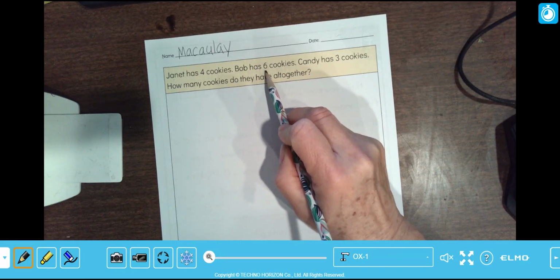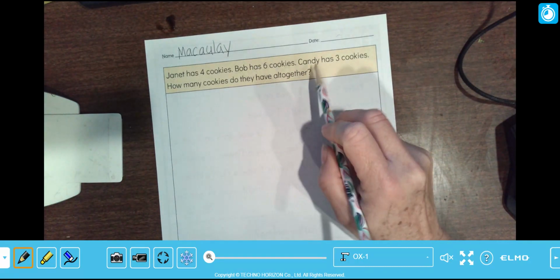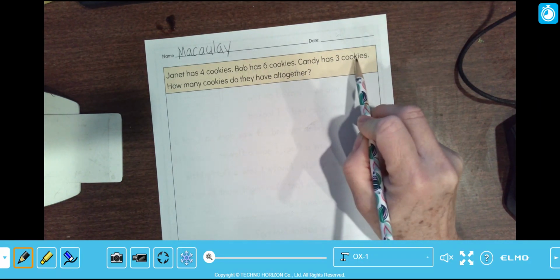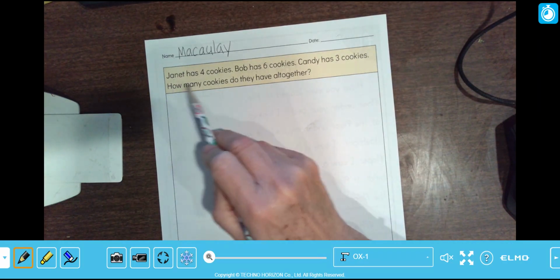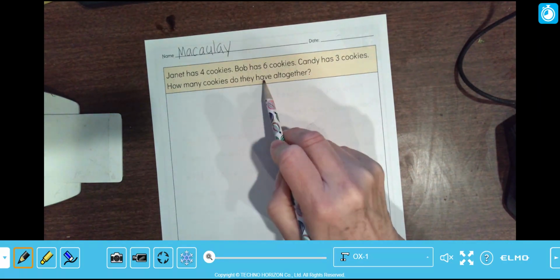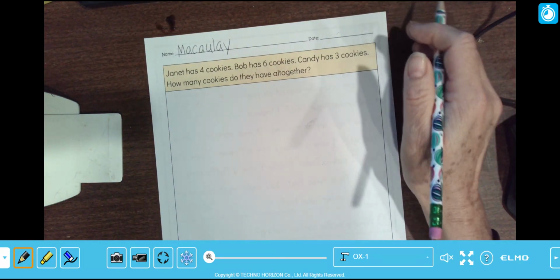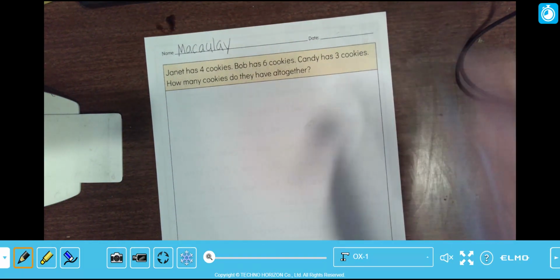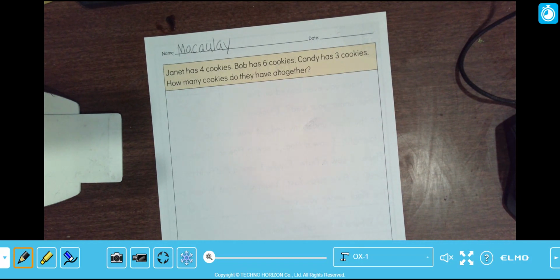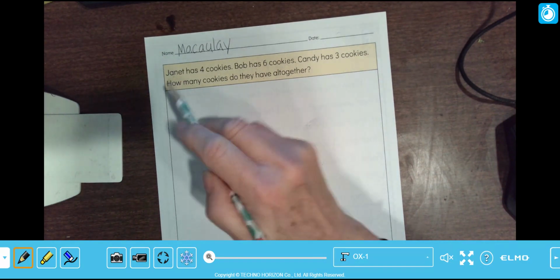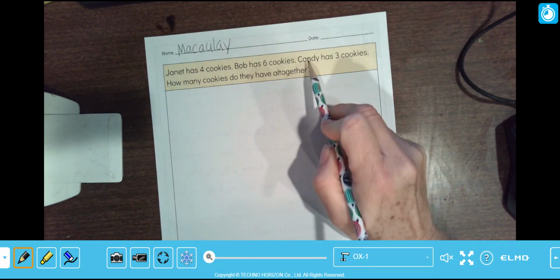Bob has 6 cookies. Candy has 3 cookies. How many cookies do they have altogether? Okay, so who is this story about? Yeah, it's about Janet, Bob, and Candy.